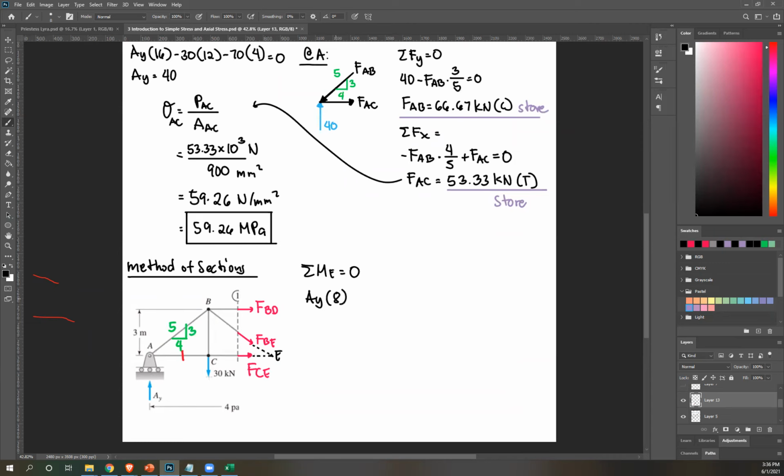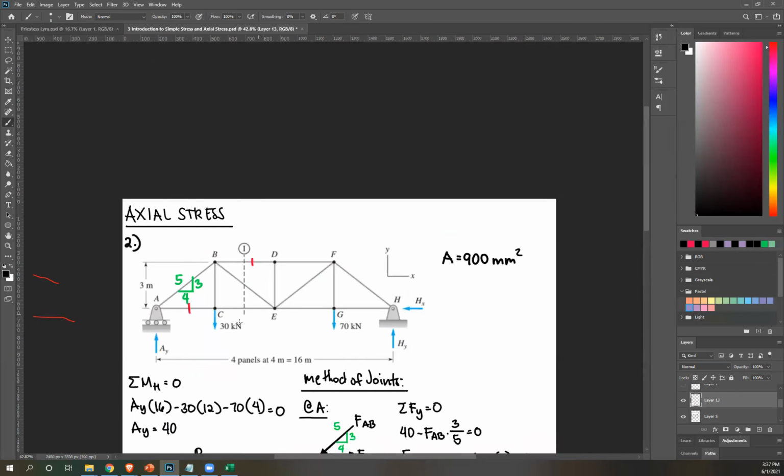Next, 30, rotate that about E, that's counterclockwise, so negative 30. By the way, this AY is actually 40, so I can just write that immediately. So 40 times 8 minus 30 times the perpendicular distance to E, that's 4. C to E, that's 4 meters.